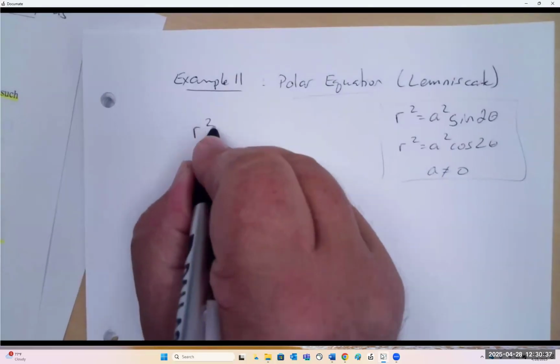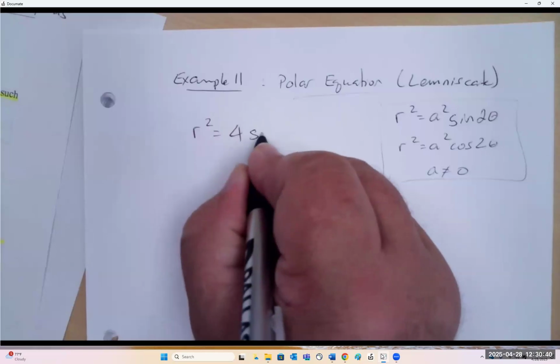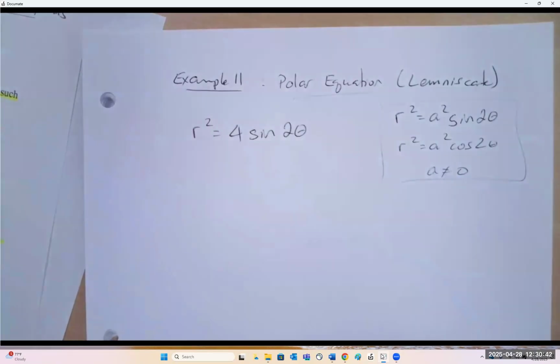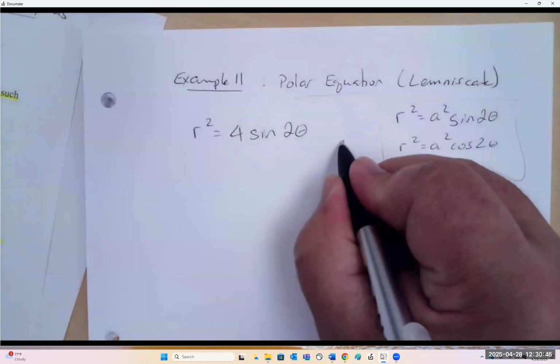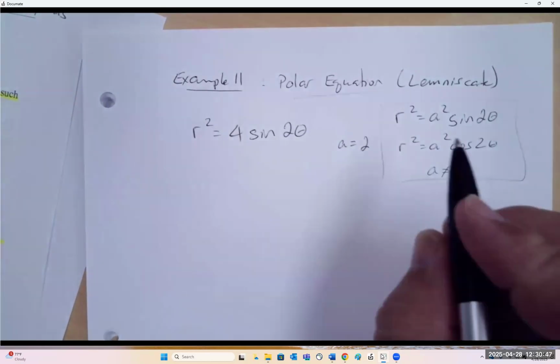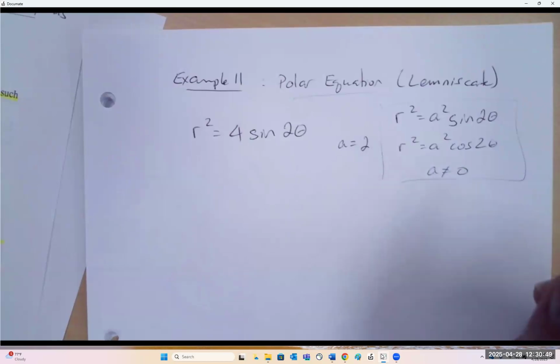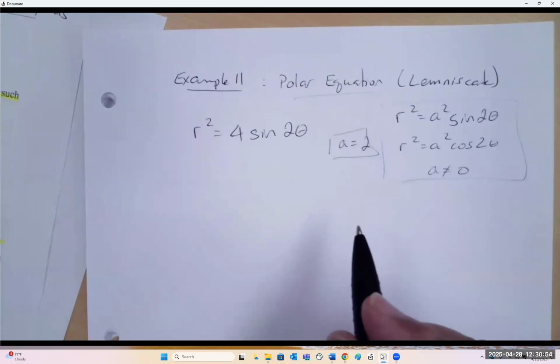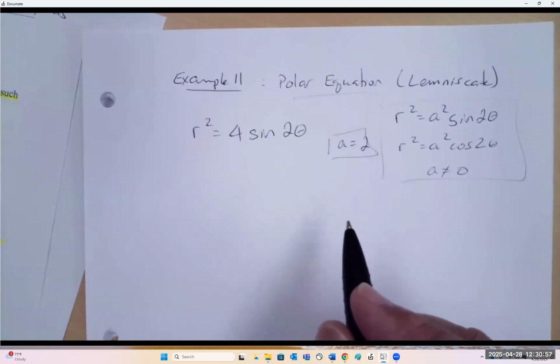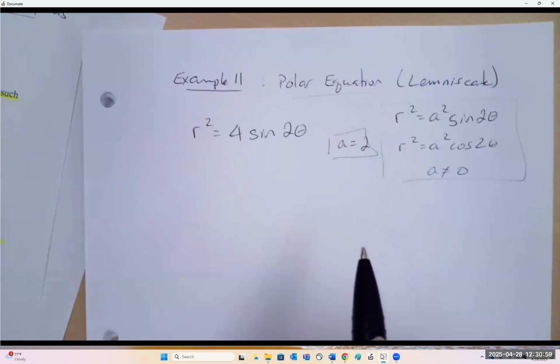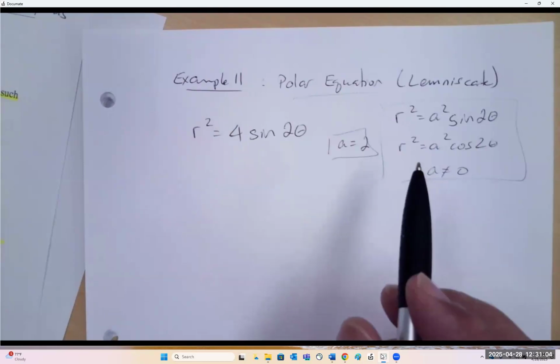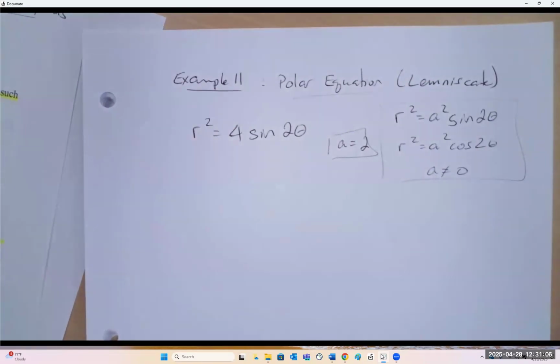So the equation we're going to look at is r squared equals 4 sine 2 theta, so a equals 2. The difference between a lemniscate and the earlier one, the rose, is these are more thin, longer, propeller shaped.